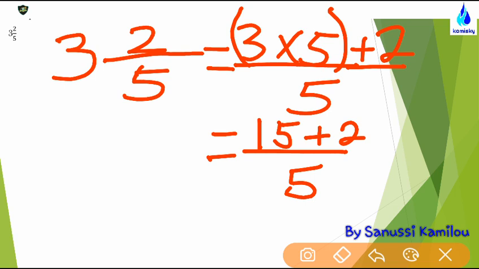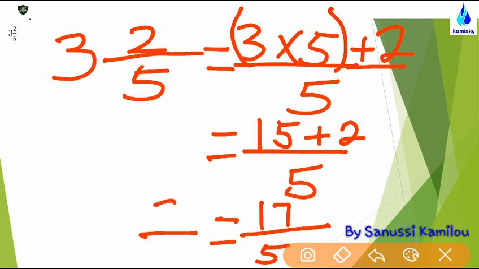For now we are having multiplication and addition, so do the multiplication first before the addition. So we add everything together. We are having 17 at the top here because 15 plus 2 gives us 17. That is the final answer.